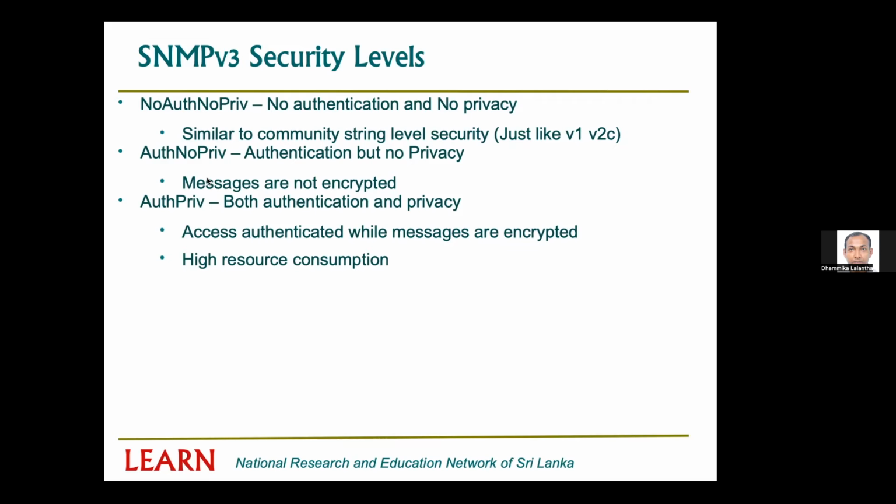In the fourth one, there will be both authentication and privacy, so access is authenticated and messages are also encrypted. If you implement it, there will be higher resource consumption, depending on the device and the number of operations. It will be significant for the particular device.